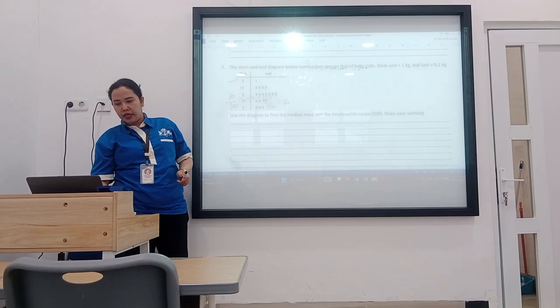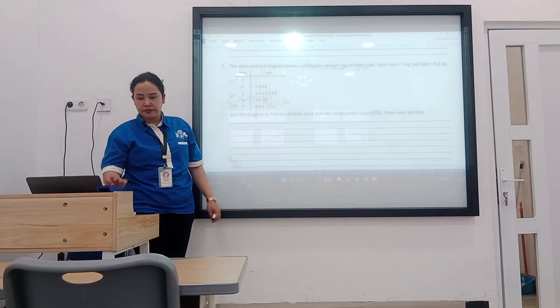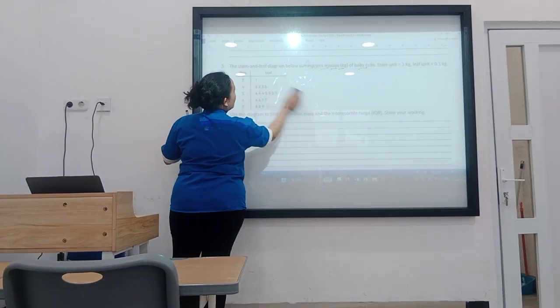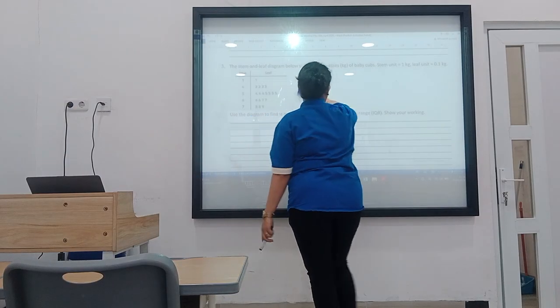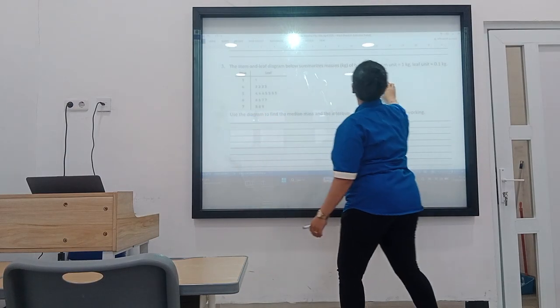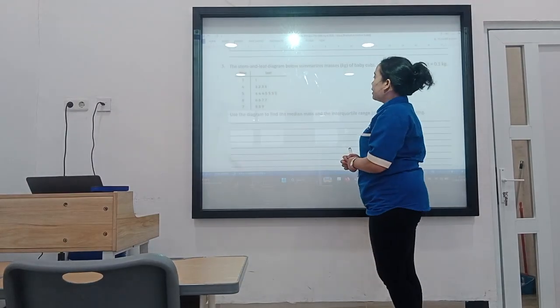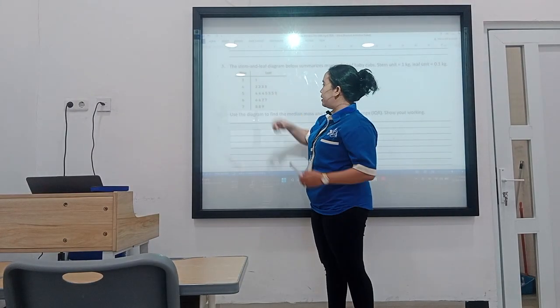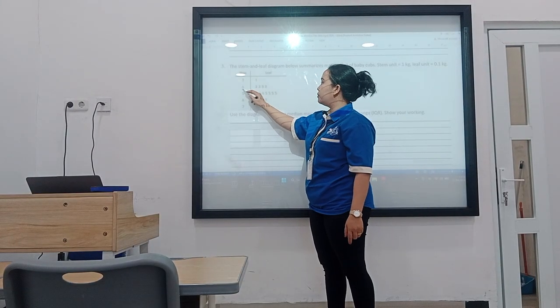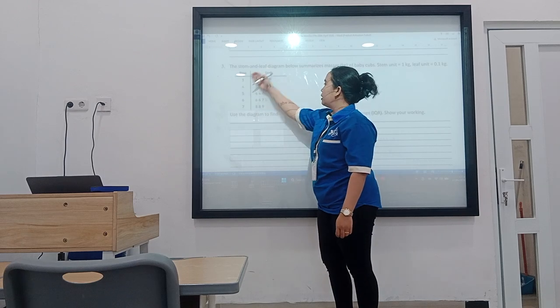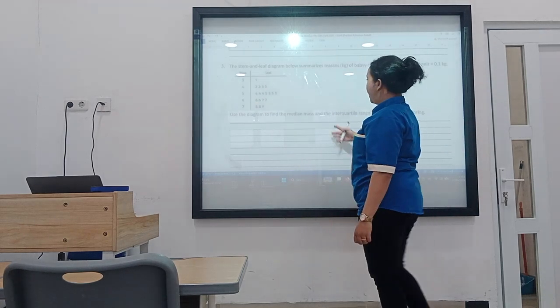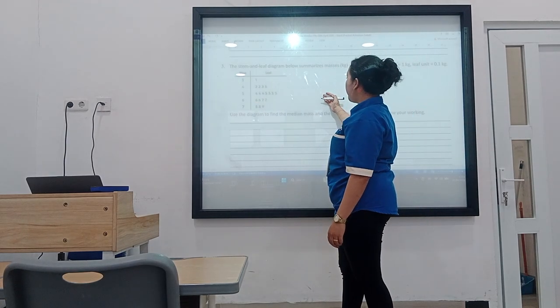Number 3. The stem and leaf diagram below summarizes the masses in kilograms of babies. So this is the data, Miss. In the stem and leaf, this is actually 31, 42, 42, 43, 43 like that. So the values are here.